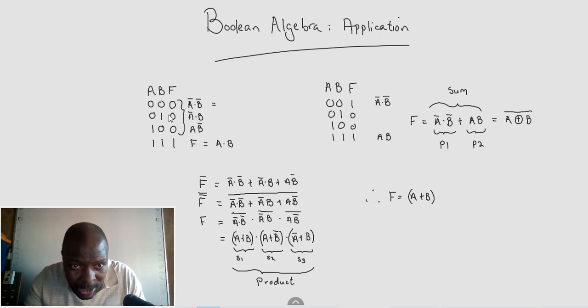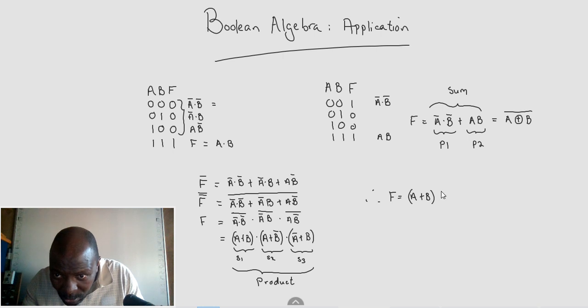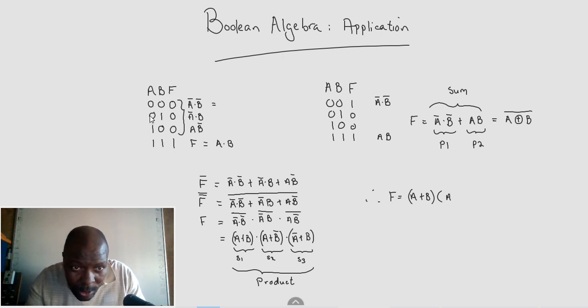Now we go to the other term. It was not A, B. So if this persists, we are going to see that this is going to be A. So where it was not A, it's A, but it's not a product, it's a sum. So if we change it to a sum, what changes is what?